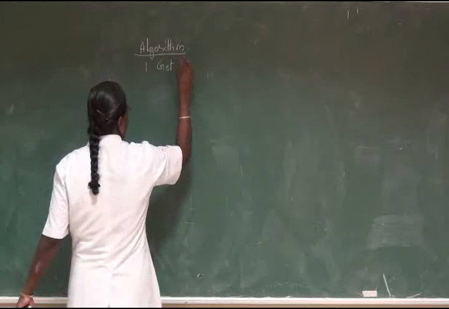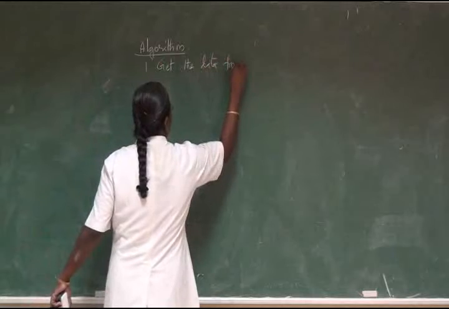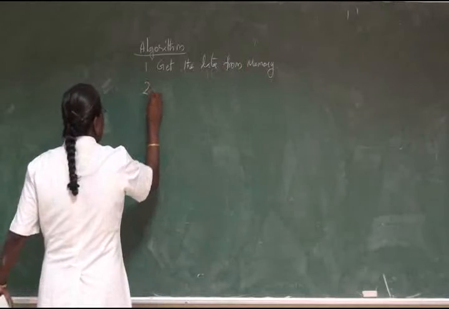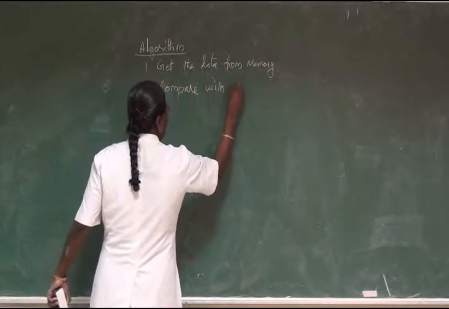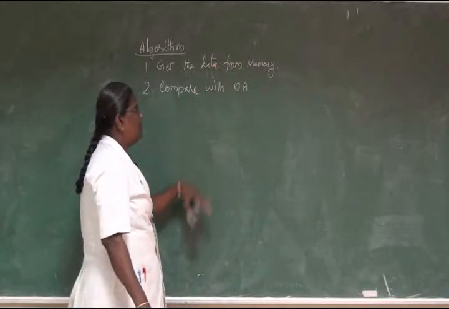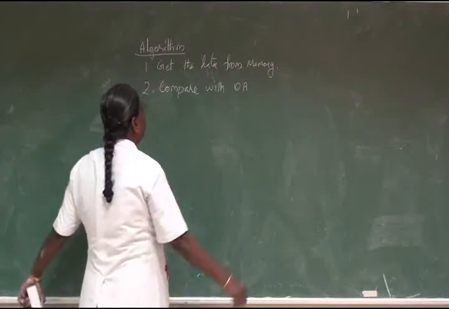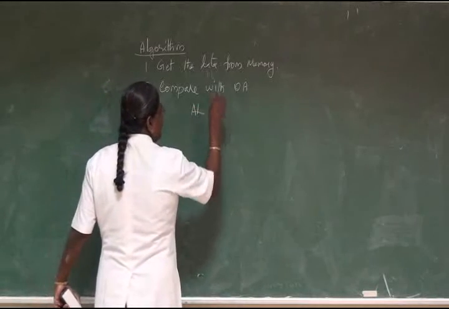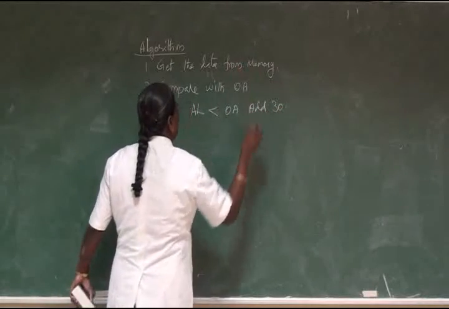First get the data from the memory. Second step is compare it with 0A. If it is less than 0A, 30 should be added. Otherwise we have to add 37. If the AL register is less than 0A, add 30.